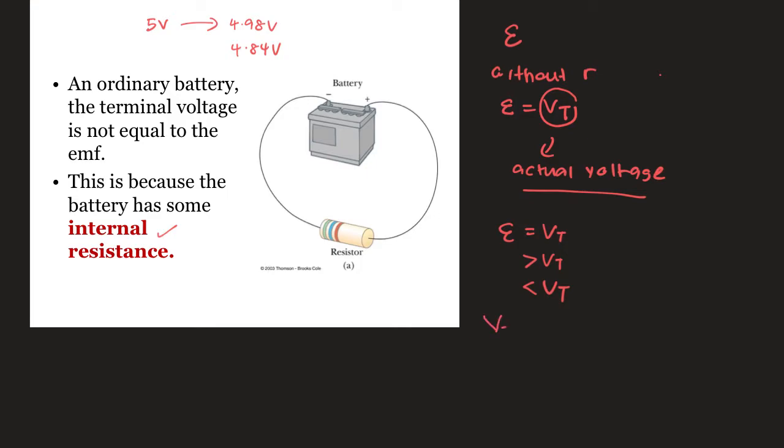So VT is the terminal voltage, which means that to find the actual voltage, you need EMF minus IR. But this one is the concept of discharging. We are going to discuss discharging and charging after this.